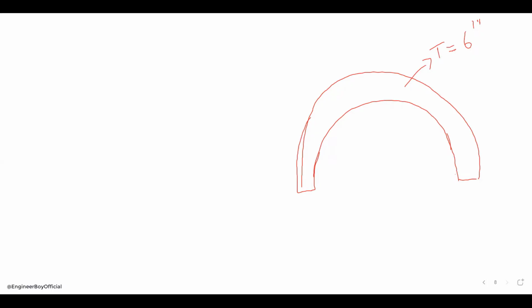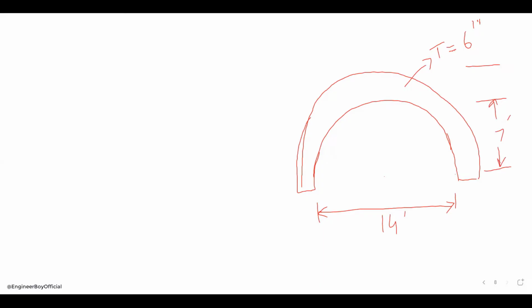And let's say it is known that the span, which is the distance between two supports, if you remember, is 14 feet. And then we have the height of the same dome. Let's say the internal height is 7 feet.